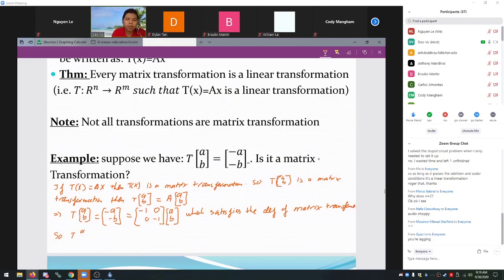So T of AB equals negative A, negative B is a matrix transformation.